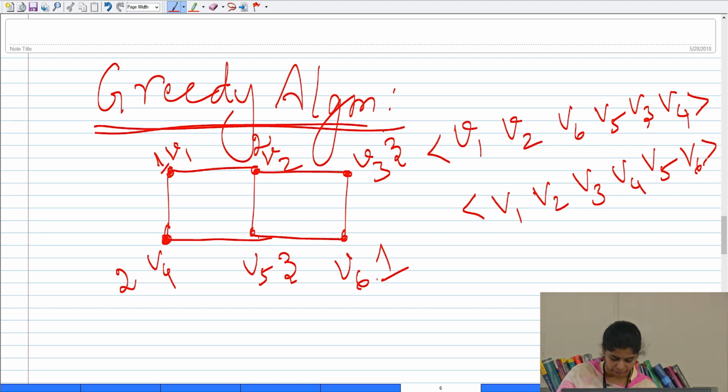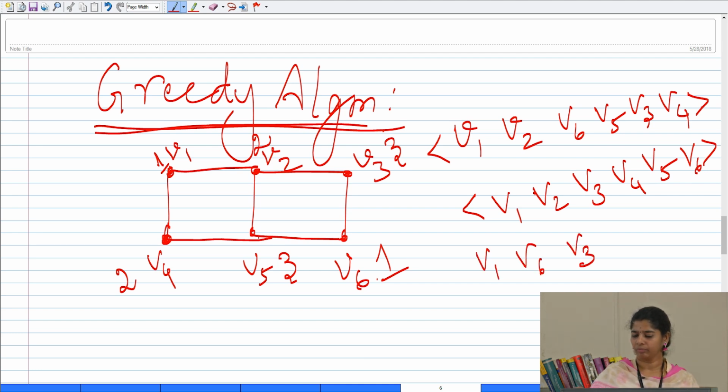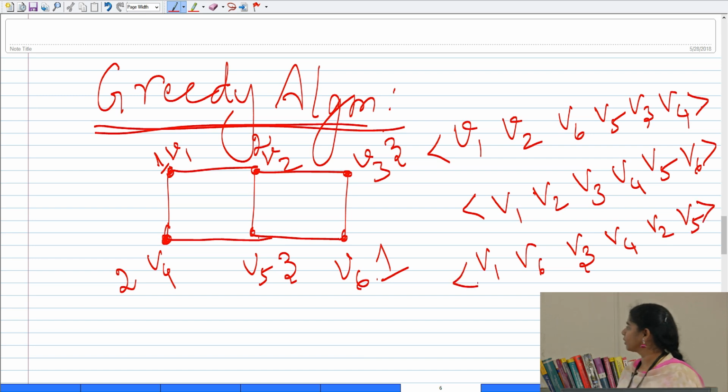In fact, my greedy could produce a worse coloring also. Suppose I use this sequence; think of the third one. How many colors do I require for the third one?